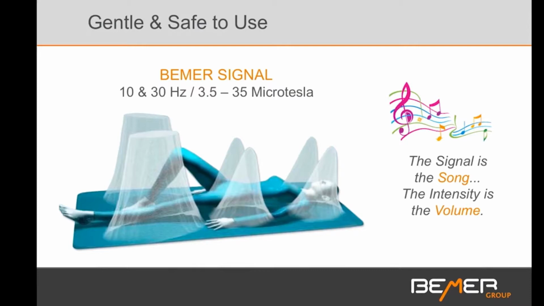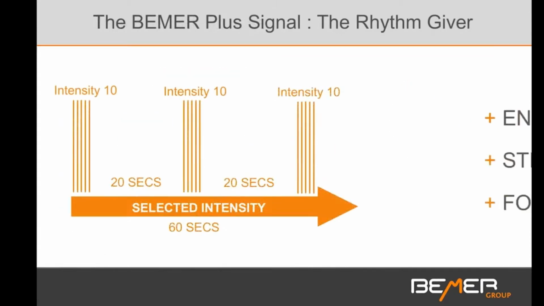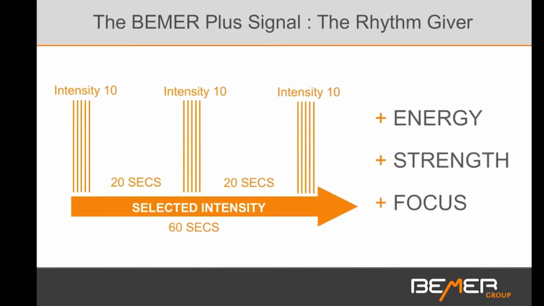meaning improving blood flow. The other thing that sets BEMER apart is the plus signal. We're just incorporating automatically when this plus signal is on that the volume is turned up to the highest possible volume for just a brief moment in time. That means we're going from the preset setting that we have chosen.